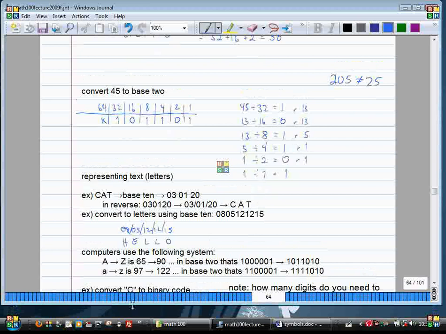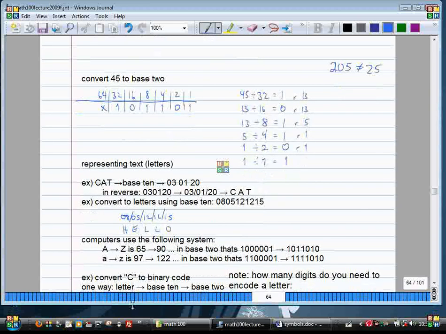One way is to take the letter, convert it to base 10, and then convert it to base 2. I'm showing you this because this is actually how computers do encoding. Again, this is called ASCII code.